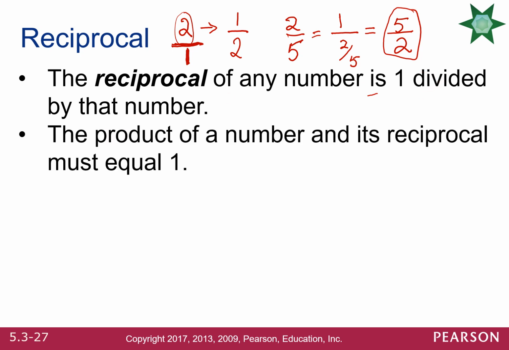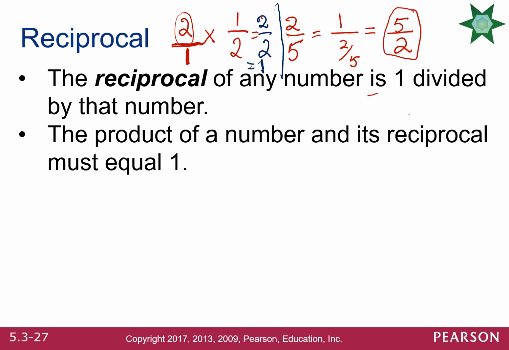Another thing about reciprocals is that the product of a number and its reciprocal must equal 1. Product implies multiplication. So if you multiply the reciprocals of each other, you will end up with an answer of 1. 2 over 1 multiplied by 1 over 2 gives us 2 divided by 2, which is 1.